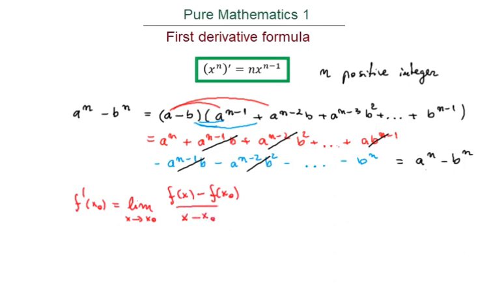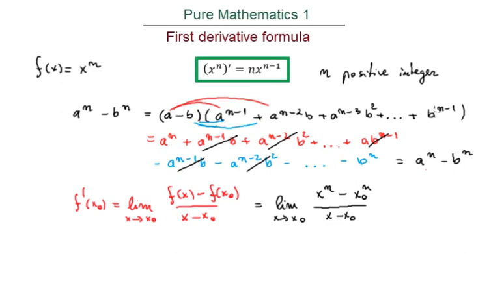Our function in this case is f of x, which is equal to x to the power of n. So then, going back to our expression here, we will have the limit when x tends to x0 of f of x, which will be x to the power of n, minus f of x0, which will be x0 to the power of n, over x minus x0.